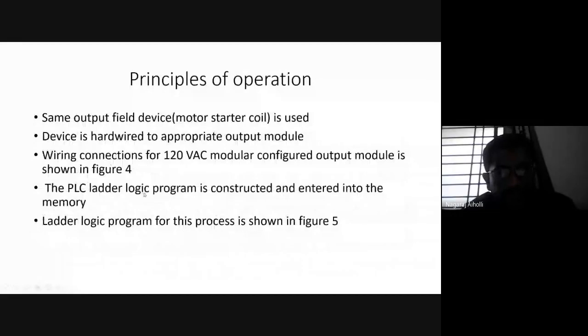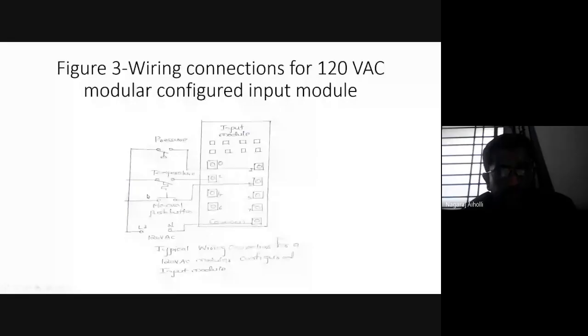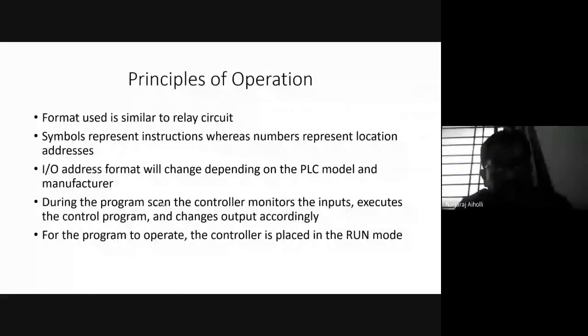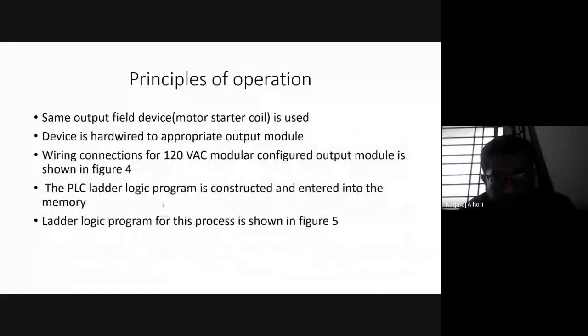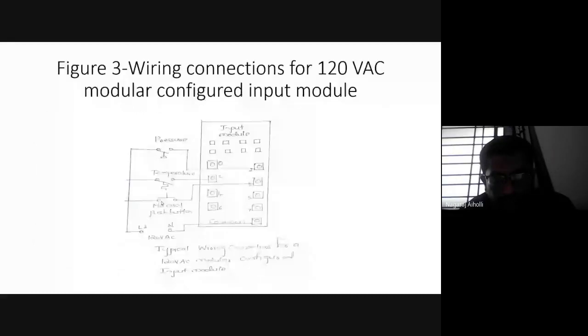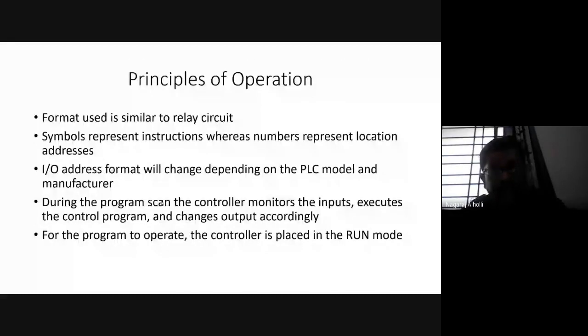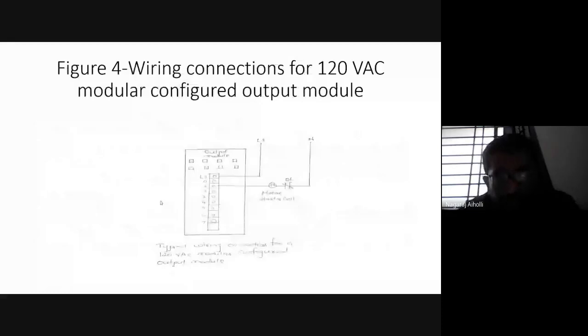So this IO address format will change according to the type of PLC that is used and according to the manufacturer. Some manufacturers, as we saw in this figure here, instead of connecting to output 0, have connected it to the first output. It depends on the manufacturer. It is left to them.